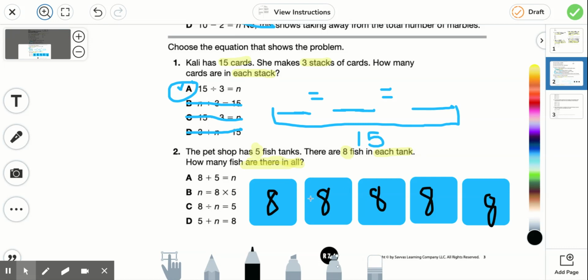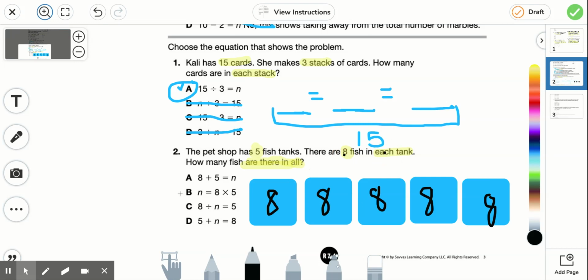But I need to look at a picture to really see what it's asking me to do before I look at any choices. So I'm going to pretend these choices don't exist, and I'm going to look at our question first and the picture that we drew. 1, 2, 3, 4, 5 fish tanks. There are 8 fish in each of these tanks. How many are in all?